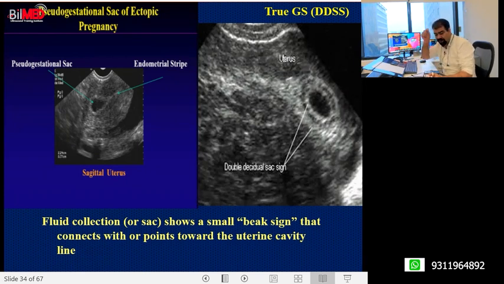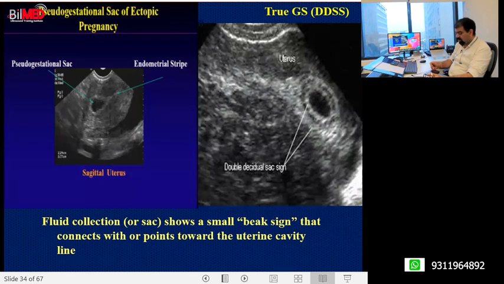Say yes or no in the comment box. The question is only yes or no. If I have a pseudogestational sac, in other words, a fluid in the endometrial cavity, will it taper toward the cervix?